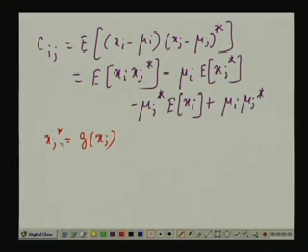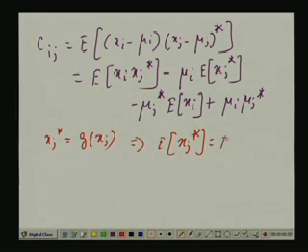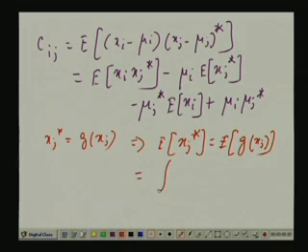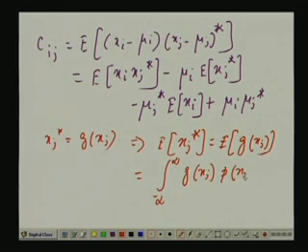So x j star is a function of x j, which means expected value of x j star is nothing but expected value of g x j, and we have already seen this is nothing but the integral of g x j times p x j d x j.